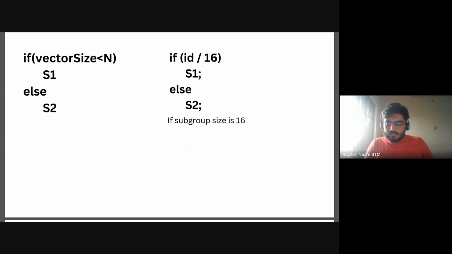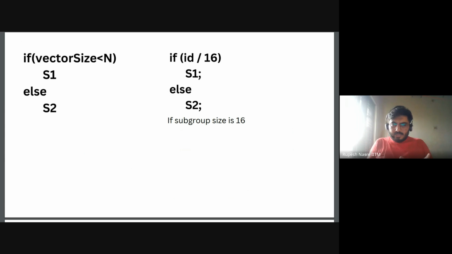Okay, now come to this. Suppose I have launched more threads than the vector size available to me, and I don't know why I am doing that, but I want to launch more threads compared to the vector size.